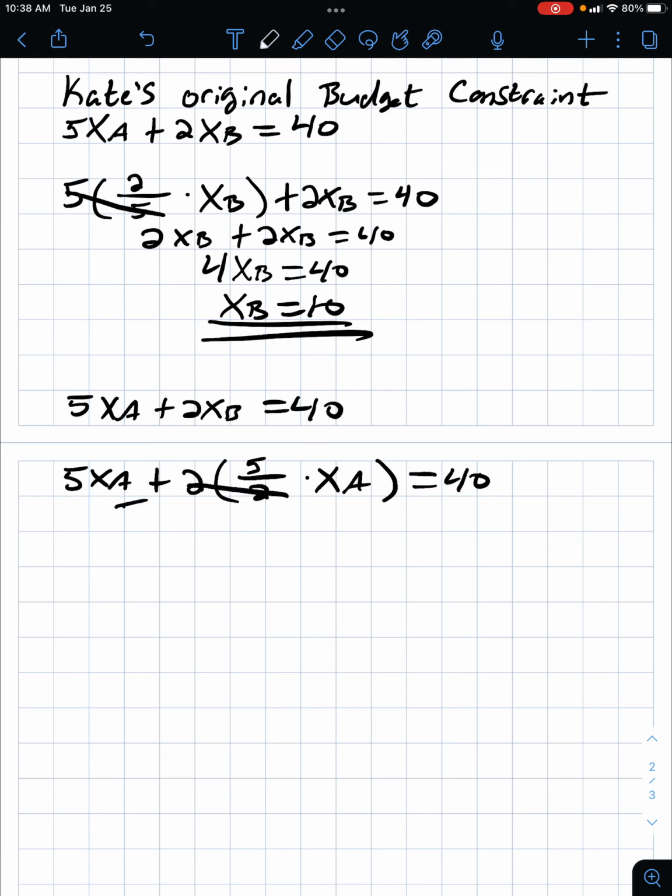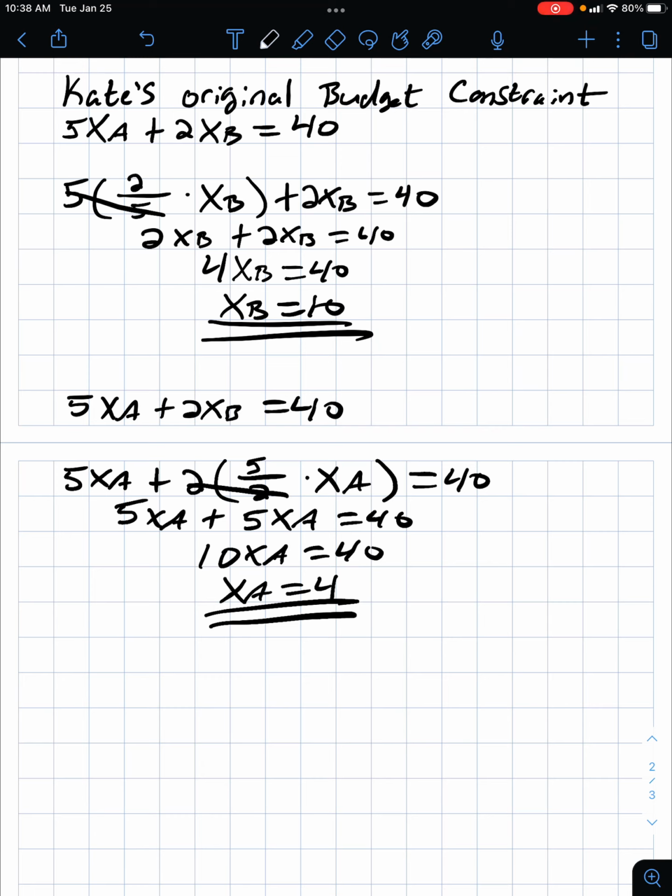These cancel, so we have 5x of a plus 5x of a is equal to 40. So 10x of a is equal to 40. x of a is equal to 4. So for Kate's original budget constraint, she demands 10 bananas and 4 apples.